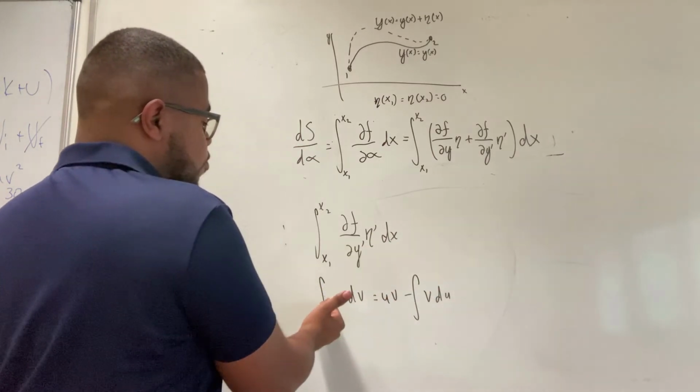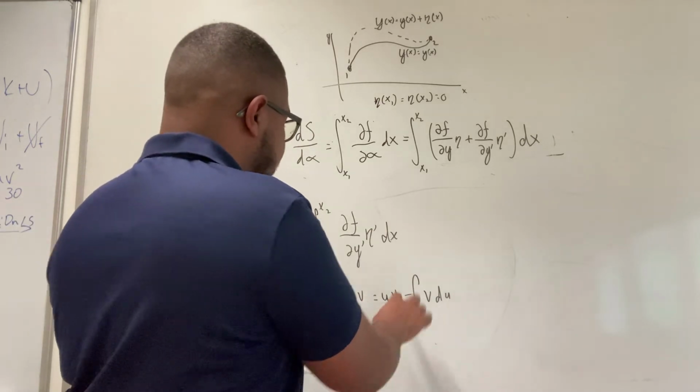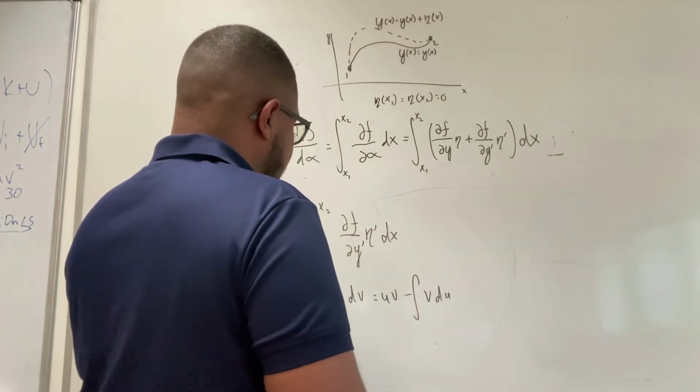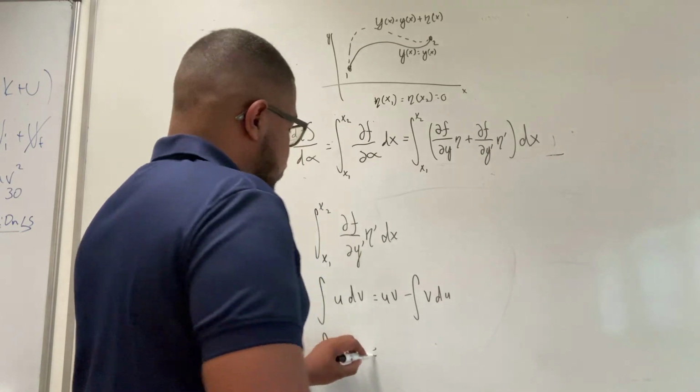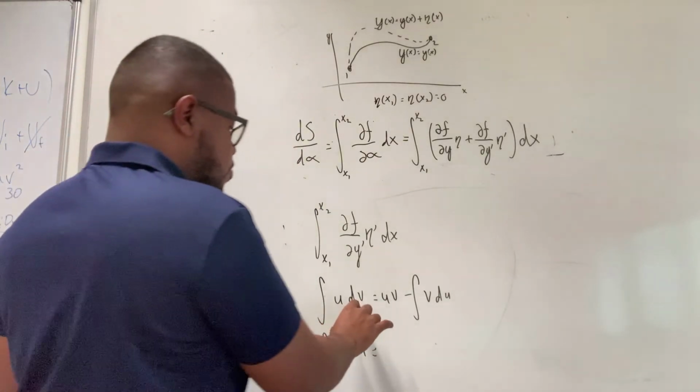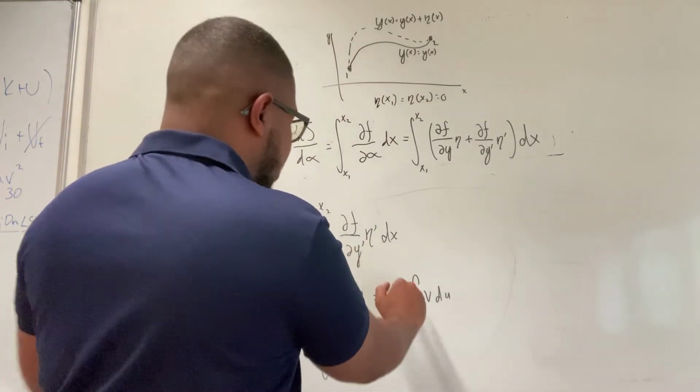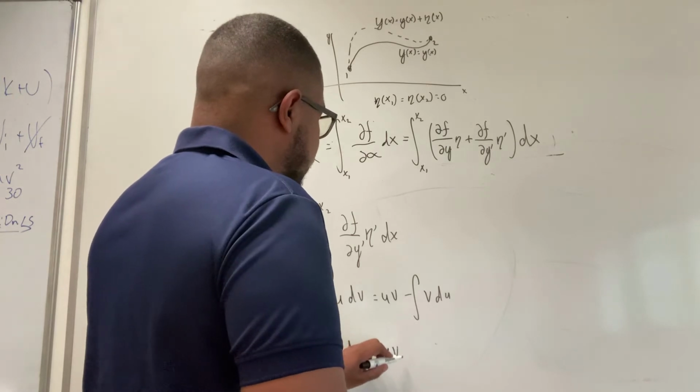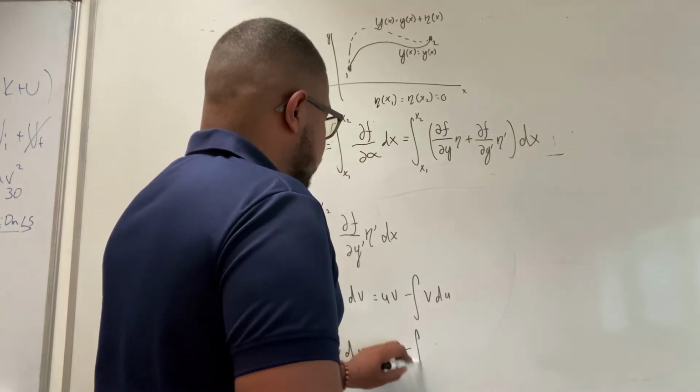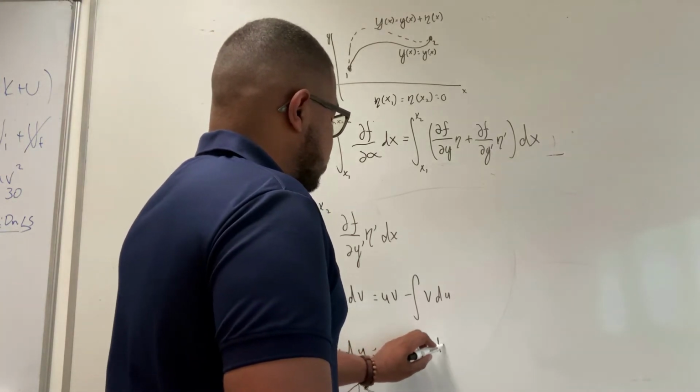So we move this to the left hand side, it changes the sign of v du, and then we move this right here to the right hand side, meaning that we will have uv minus the integral of u dv.